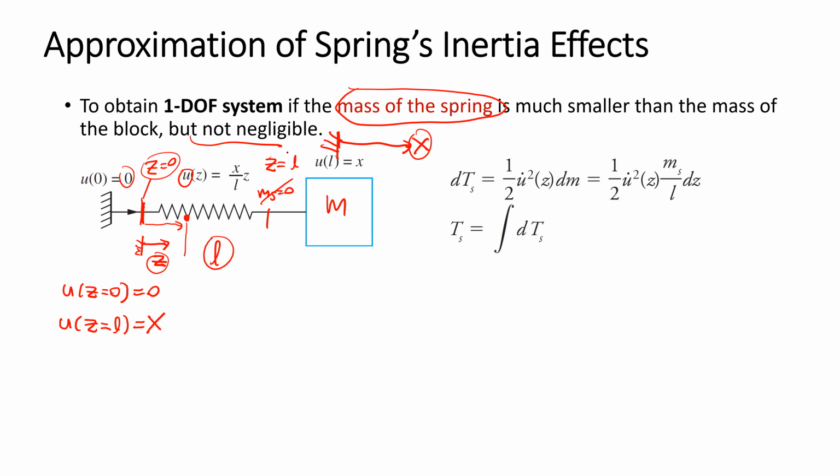Between 0 and L, we have the value of Z that indicates the position of that particle on the spring. The spring has the total deformation of X at Z equal to L.